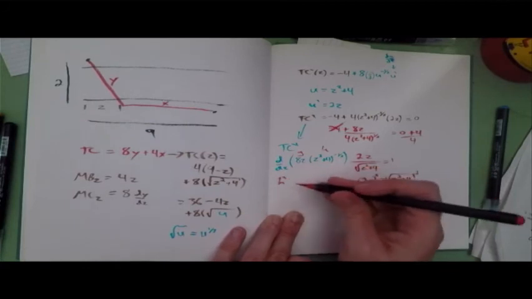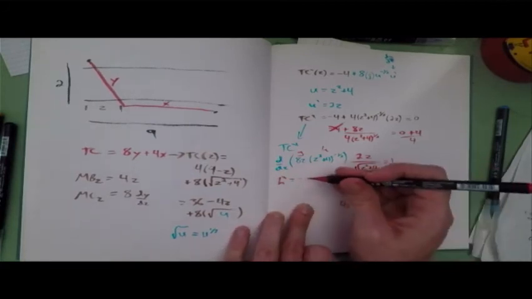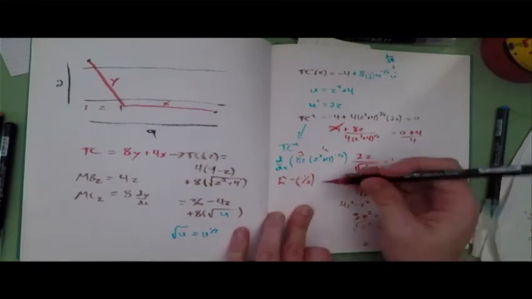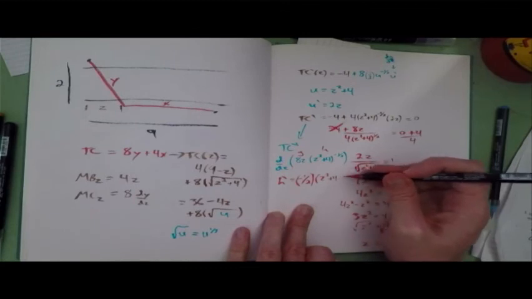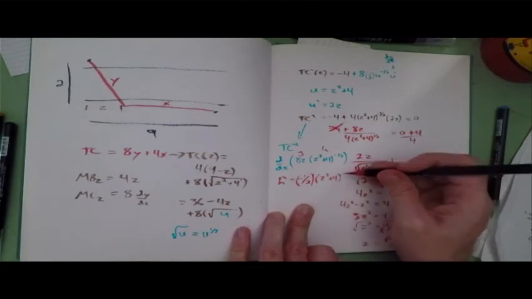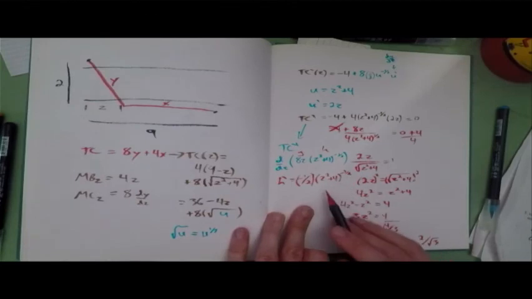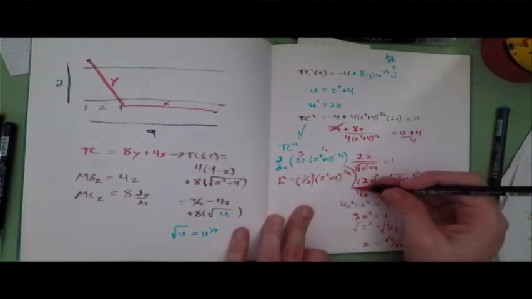Let's find h prime. This is going to be negative 1/2 times z squared plus 4 to the negative 3/2. We're going to subtract 1 from negative 1/2, so to the negative 3/2, times, oh, I should have done a different color.